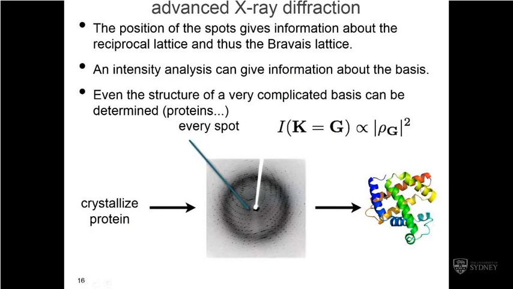For example, you will somehow crystallize a protein on a specimen and then put it into either an X-ray scattering facility, or probably not neutron scattering, but possibly neutron scattering.